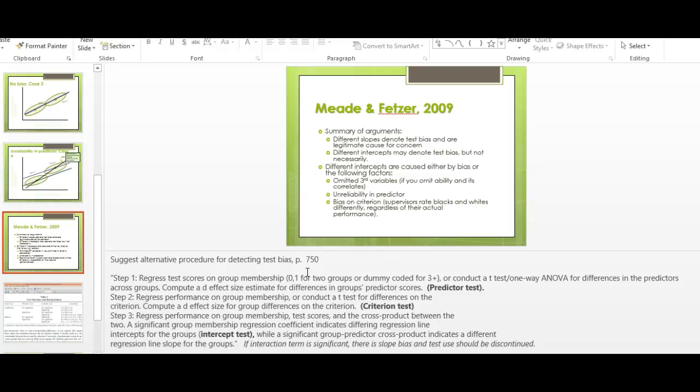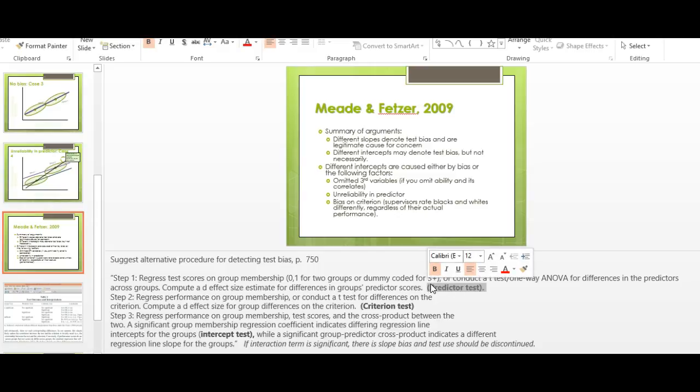And so this is where all of the information from regression comes in handy. Also, you can conduct a t-test or one-way ANOVA to understand if there are differences across groups on the predictor. So this is called the predictor test. And this is one step to figuring out if test bias is happening.